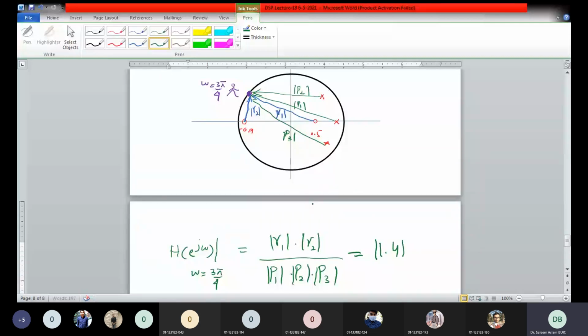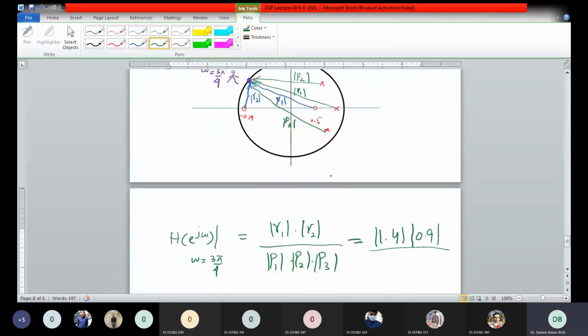And what will be the value of R2? Let's assume it is 0.9. What would be the rough value of P1? I think it's around 1.9, I guess. What would be the value of P2? P2 is this one, so it's 1.3. And what would be the value of P3? I guess it's 1.7 around.